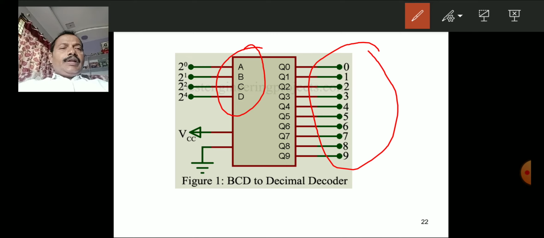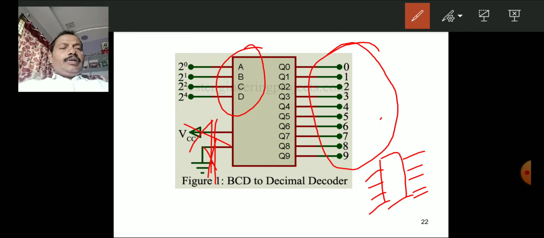That means 0 to 9 outputs. So this is the BCD to decimal decoder. You need not worry about this, because this is IC. Just simply remember that 4 inputs and 10 outputs. You have 10 outputs, 0 to 9. 10 outputs and 4 inputs. 4 inputs are named as A, B, C, D.